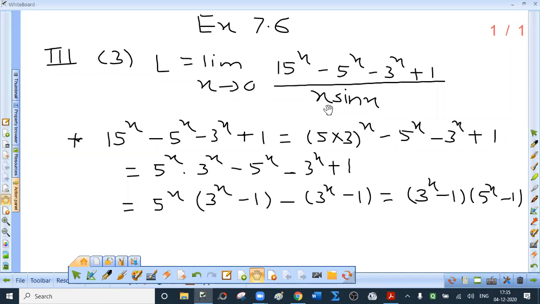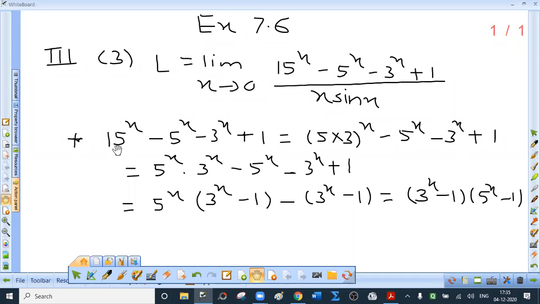It is x sin x. We need sin x upon x. Means we have to divide by x square. We cannot just divide the denominator by x square. We have to divide the numerator also by x square. This means the numerator is to be expressed not as a sum or difference, but as a product of two exponential functions.